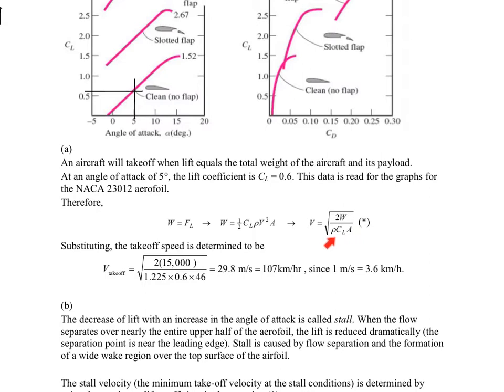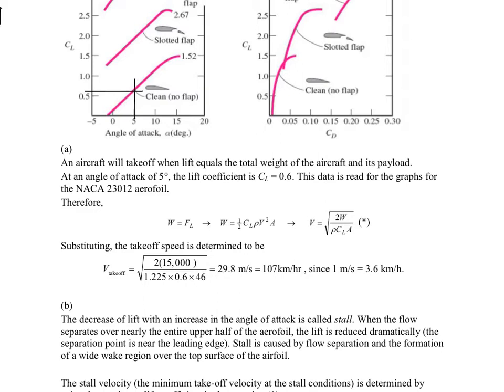If we know all the other terms in the equation, which is written on the next line, we can calculate the takeoff speed, which is about 107 kilometers per hour, using the conversion that 1 meter per second is approximately 3.6 kilometers an hour.